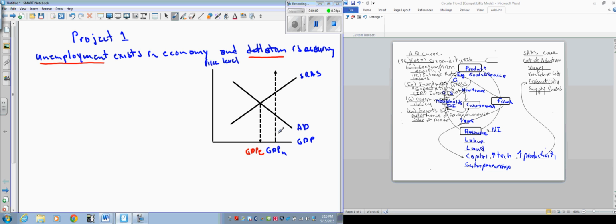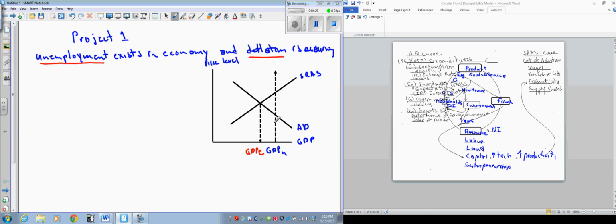What we want to do is get that intersection to be either along this short-run aggregate supply curve right up here with the aggregate demand curve going through, or we want to have the SRAS curve right down here going through right there. And then we would get GDP natural, full employment.